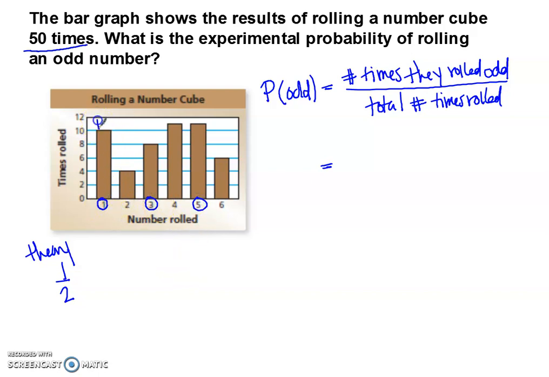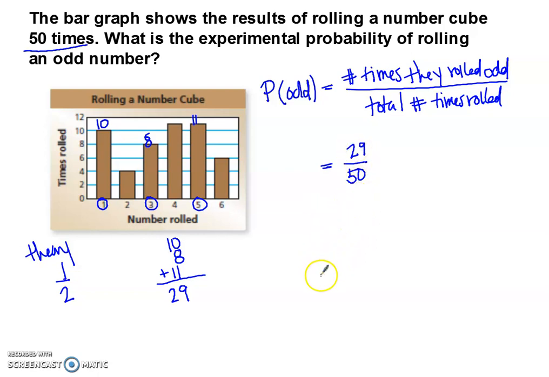They rolled a 1 10 times. They rolled a 3 8 times. And they rolled a 5 11 times. We need to know how many times they rolled an odd number, so we need to add them. They rolled an odd 29 times. And they rolled that number cube 50 times total. So now we have our fraction.